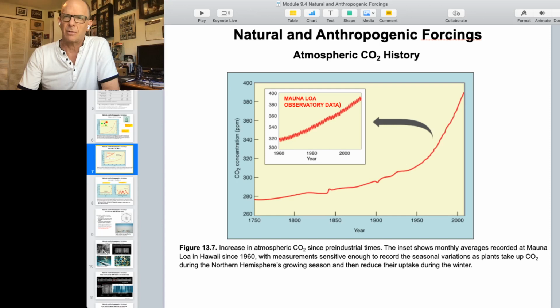In the inset, you can see that there are seasonal fluctuations, and that's really cool because those seasonal fluctuations are a result of, in the northern hemisphere summer where these measurements were taken, when plants are growing, those plants grow by taking carbon out of the atmosphere and using it to build new plant cells.